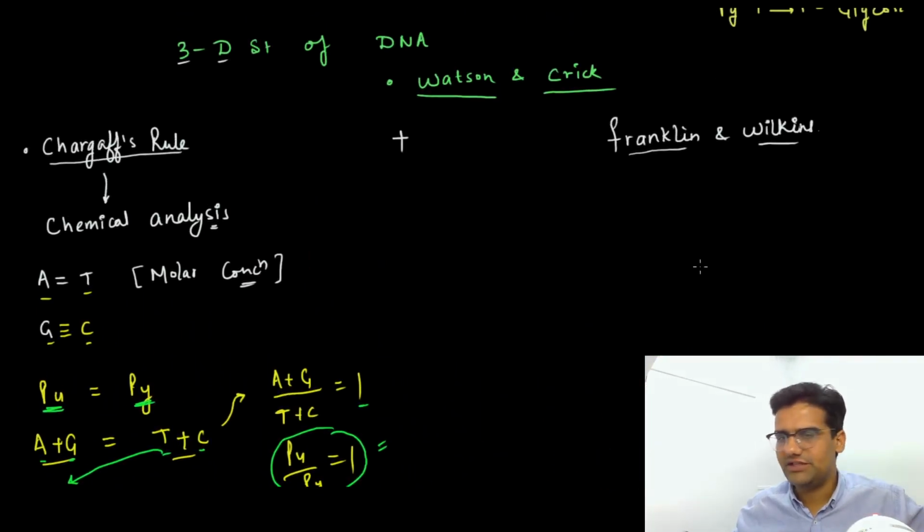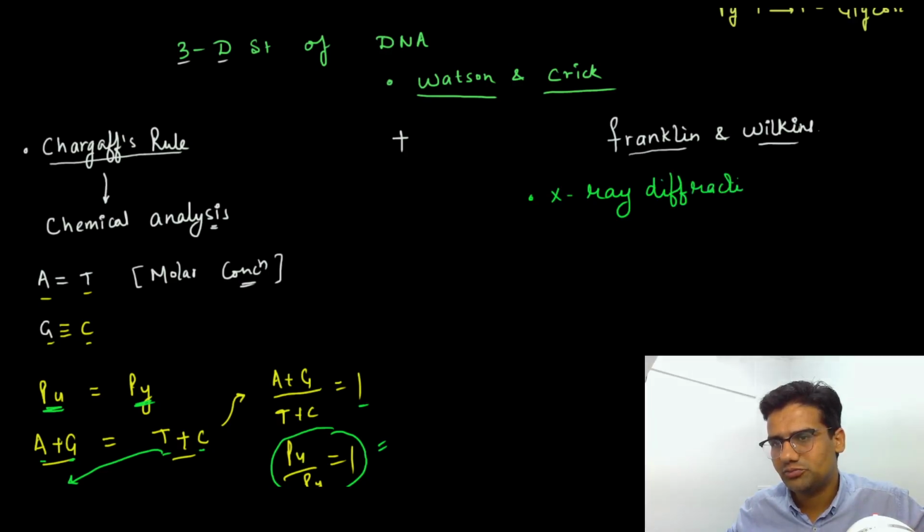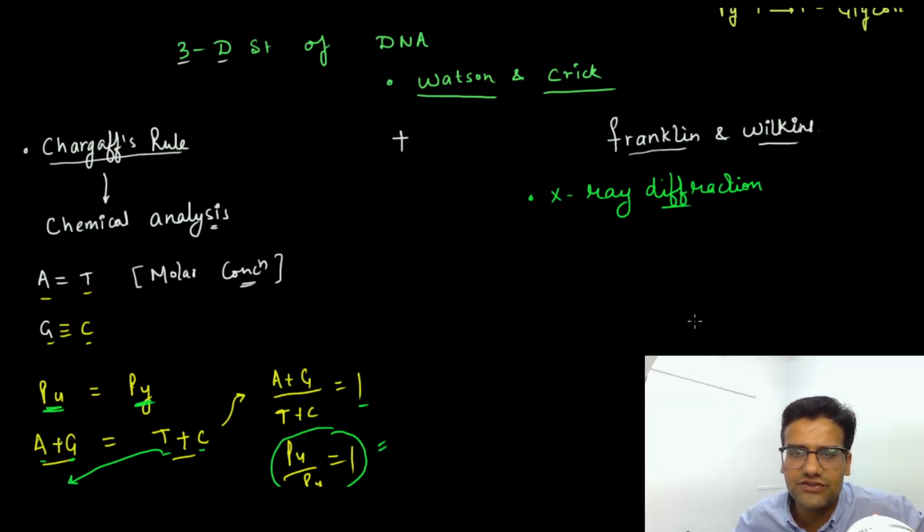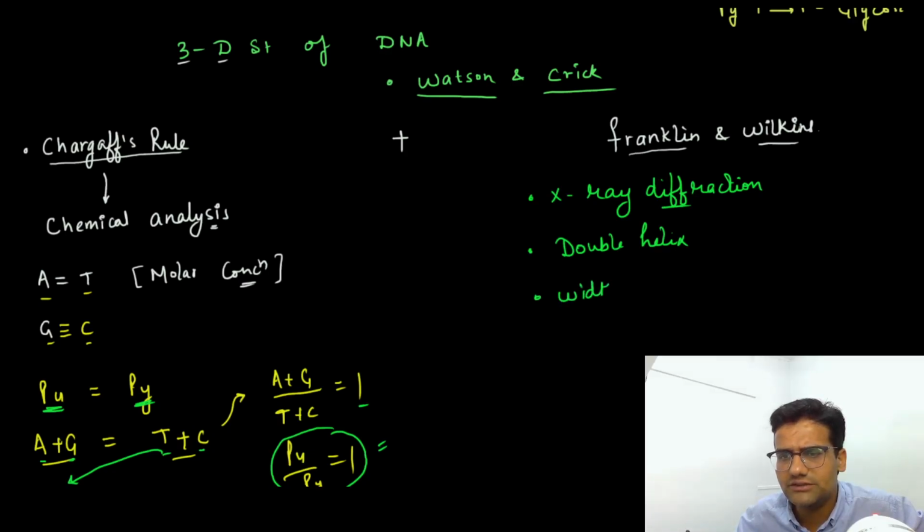Next is the Franklin and Wilkins structure. They studied DNA with the X-ray diffraction technique. They used the X-ray diffraction technique for solving the structure of DNA, and observed that DNA is basically a double helix and its width is constant.